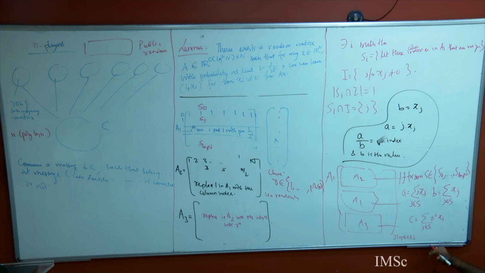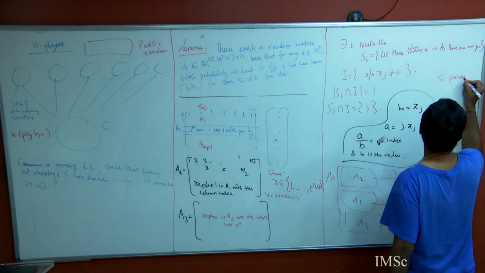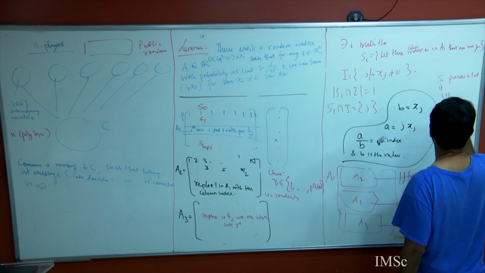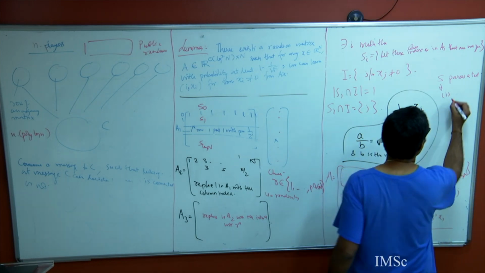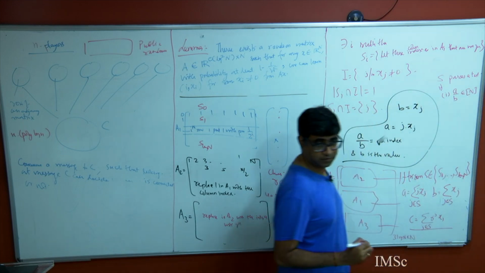Okay, and we said that S passes a test. What did we say? S passes a test if first A by B is in 1 to n, that was the first thing.